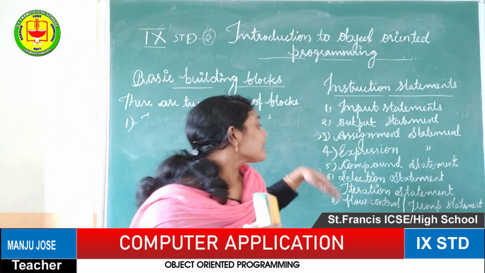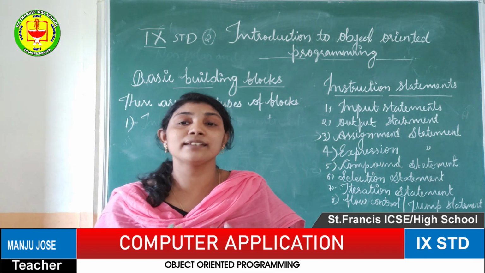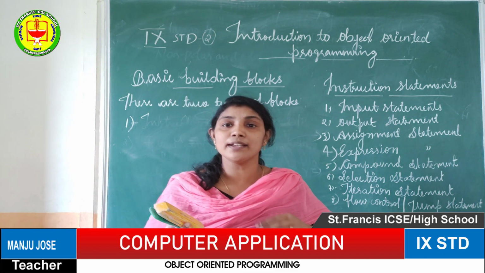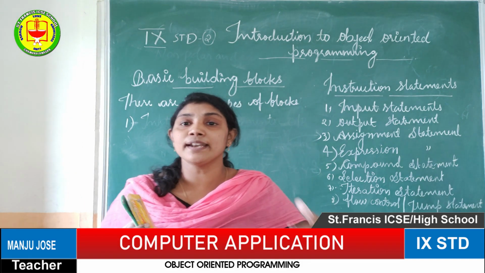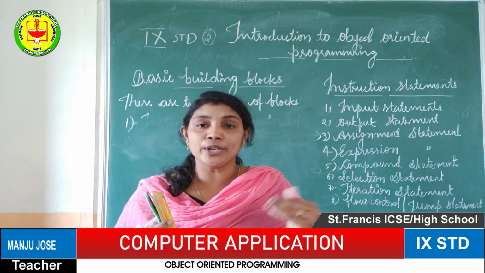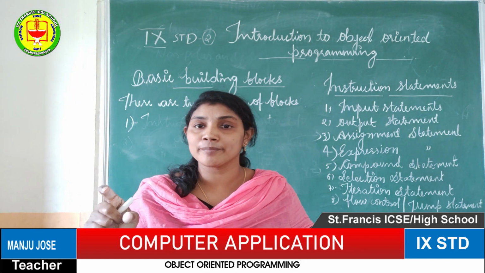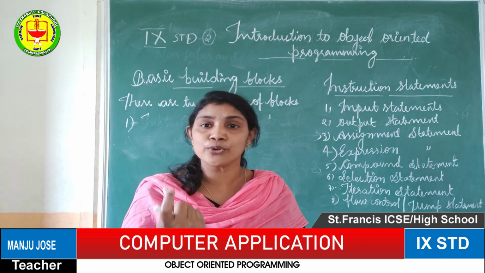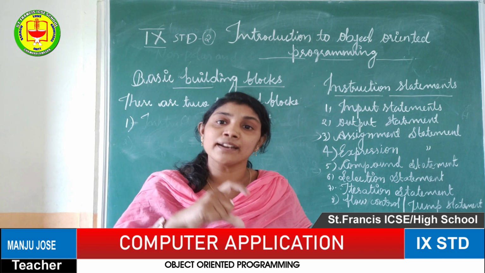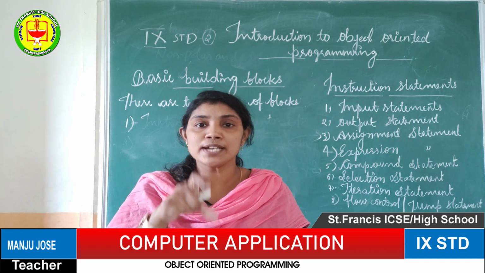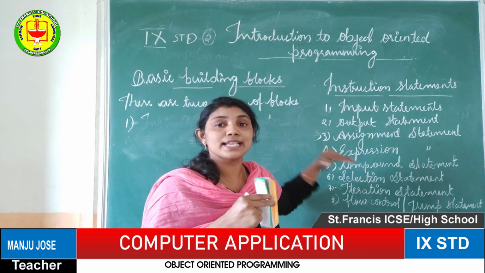The next one is the selection statement, which is used for checking a condition. For example, when writing a program, the question is to check whether the given person's age is greater than or equal to 18 or not. Here a yes or no question comes up, where the answer will be either yes or no. For that kind of programming we use the selection statement.